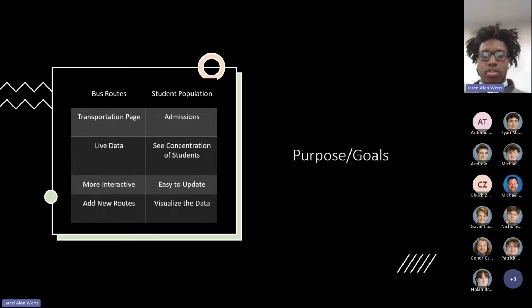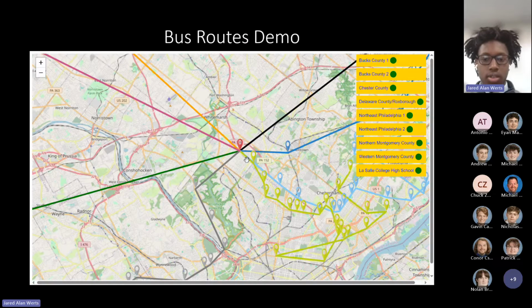The student population visualization was made for admissions to be able to identify where students are placed. Similarly, I use the same APIs as my bus routes to create the server and the map for the student population visualization. And here's a quick demo of the bus routes.